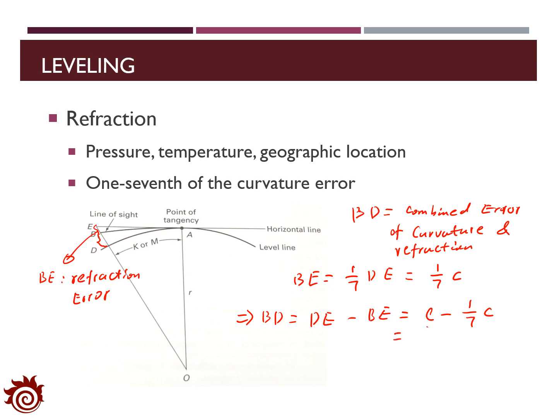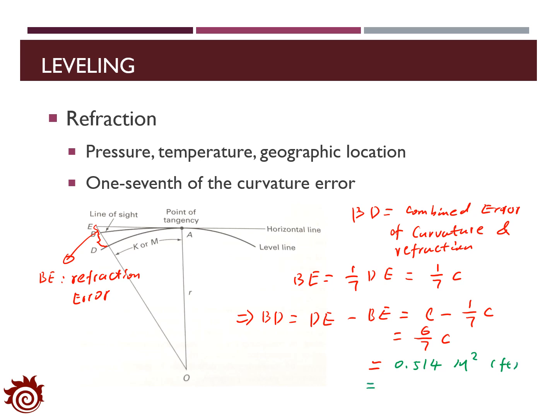It's 6/7 C. From our previous analysis about the curvature error, we know that the curvature error is a function of the distance from A to E. We can apply a similar equation here: if A to E is measured in miles, we will have B to D as 0.514 M squared, and the unit is feet.